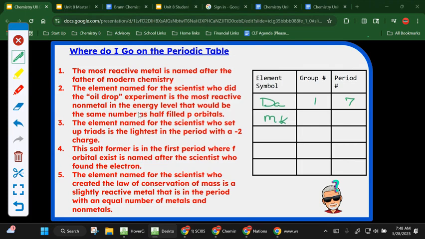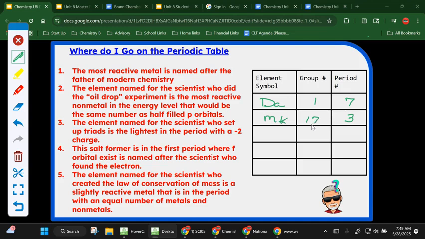Okay? This most reactive nonmetal in the energy level, that would be the same as the number of half-filled p orbitals. So the energy level would be 3. Where would be the most reactive nonmetal in period 3? Group 17, right under fluorine.